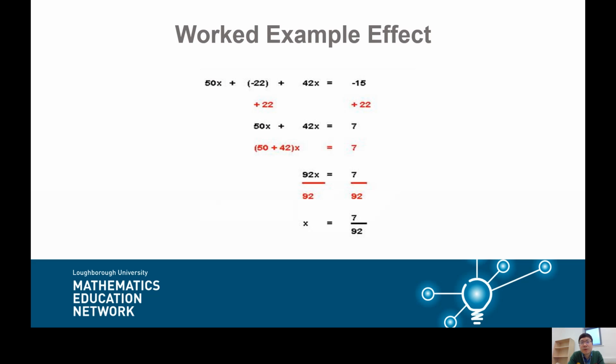So now I'm going to show you how an example looks. For example, we're going to teach students how to solve this equation, and you can see we present each step to students, and the student can borrow the knowledge from this worked example.